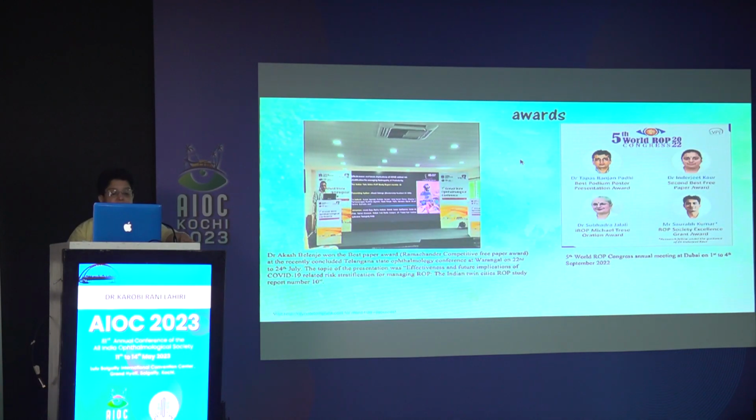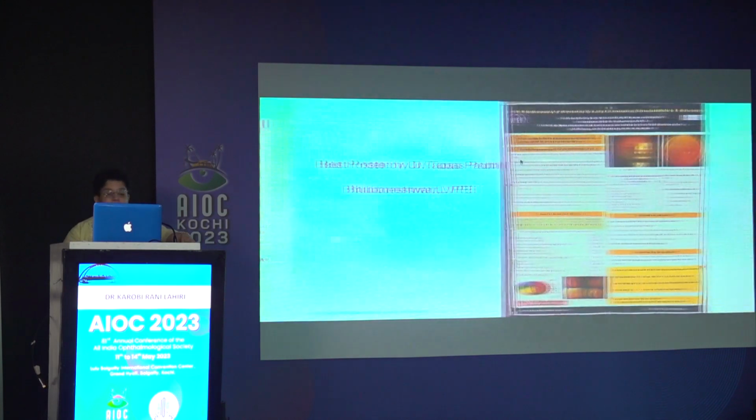These were awards which a lot of people have won. And Dr. Akash Belenje won the Best Paper Award at Warangal. And these were at the 5th World ROP Congress, where Dr. Tapas Padhi, Dr. Indrajit Kaur, Dr. Subhadra Jalali, and Dr. Saurabh Kumar won awards.